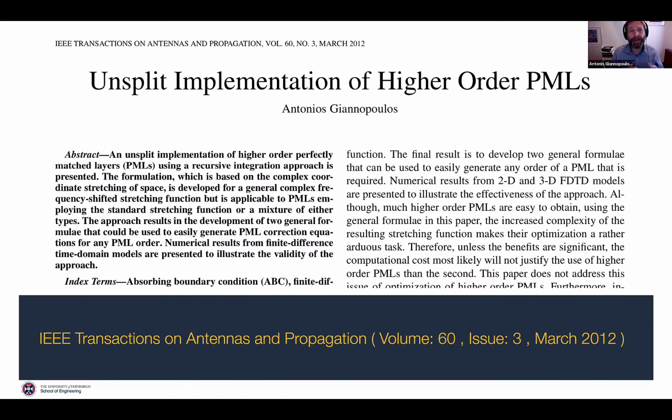Here is a paper for the unsplit implementation of higher order PMLs that allows you to do a higher order PML, which can be a multiplication of stretching functions. You can do only one if you like, or two. Doing more than two is actually not very beneficial. In any test that we've done, it doesn't really help.